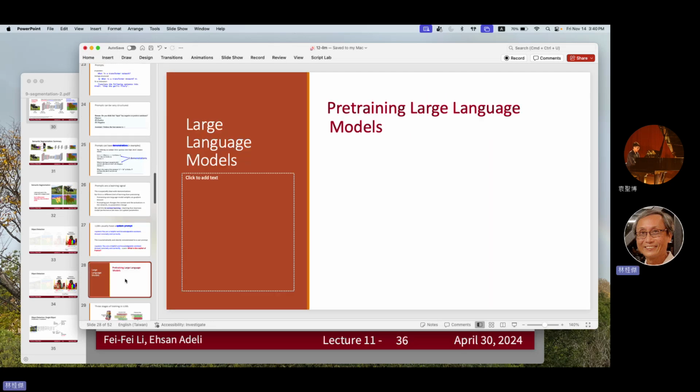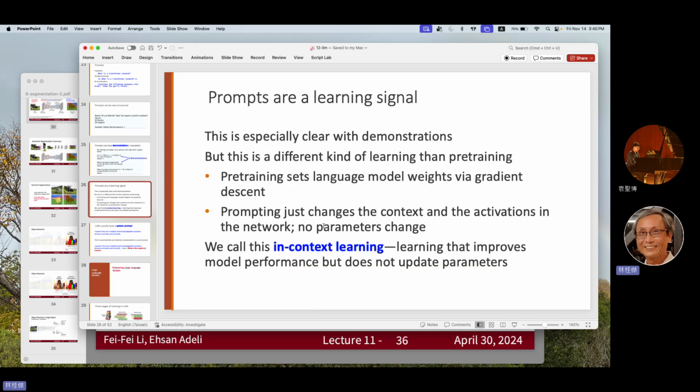The system will try to use the examples you have given in the model to come up with an answer. Next week we will be teaching RAG. The RAG technology actually is a form of in-context learning.